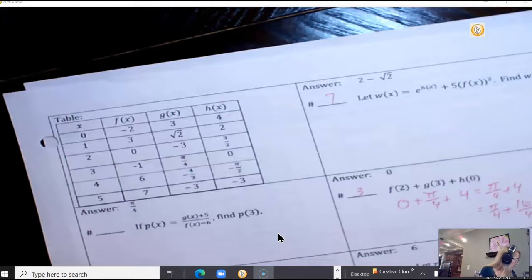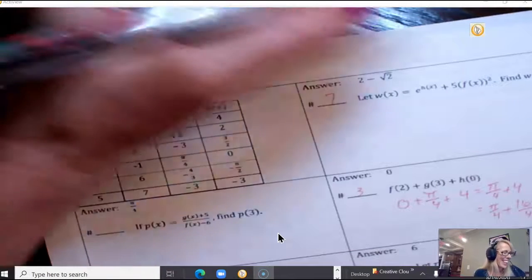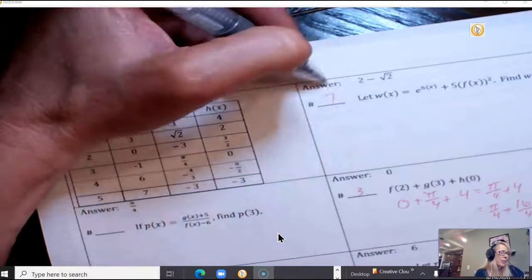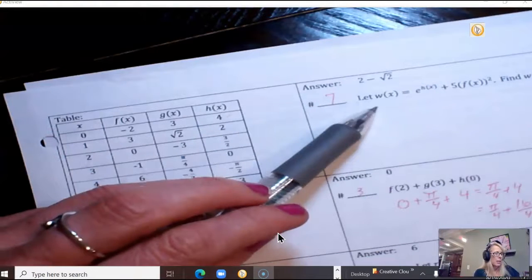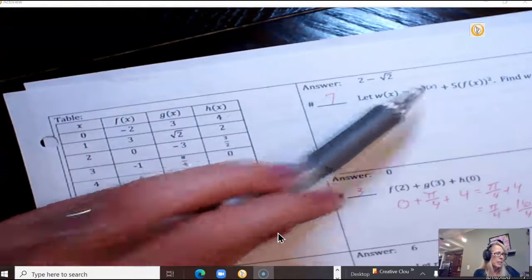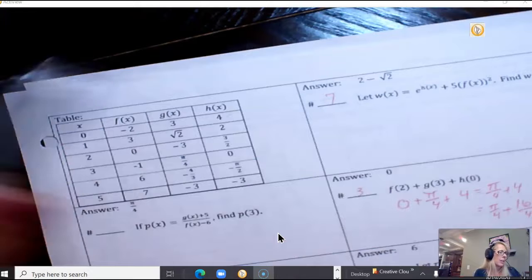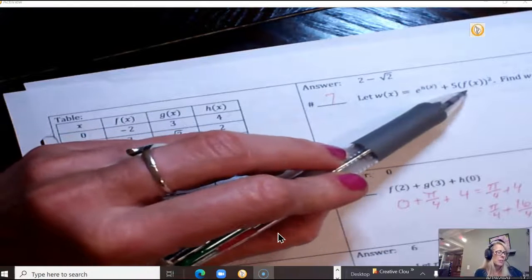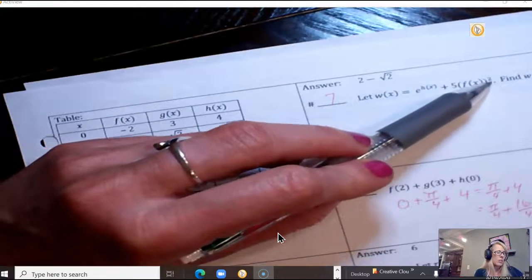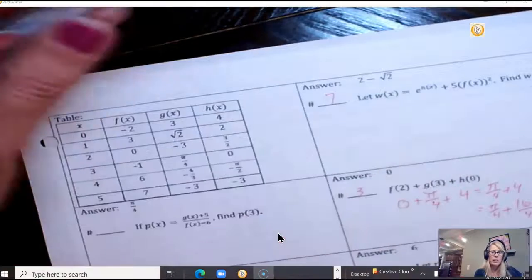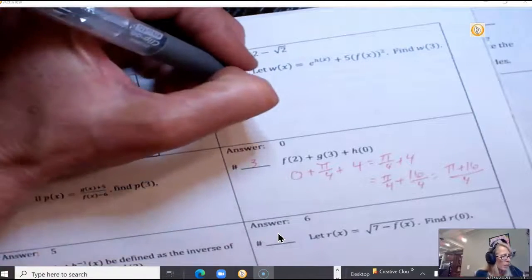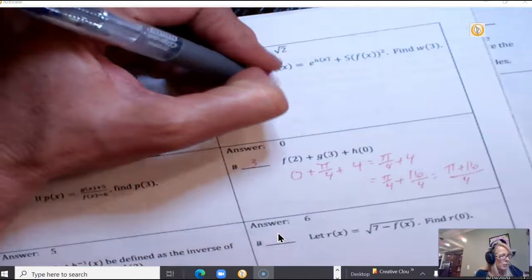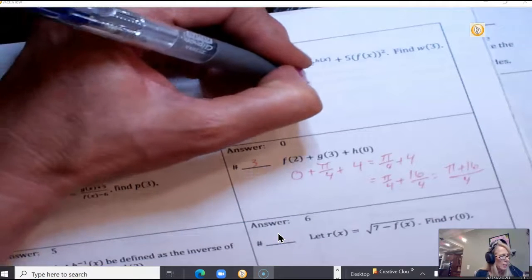Anyway. All right, let's see if we can do this particular problem. You've got w of x equals e to the h of x plus 5 times f of x squared, and they want you to find w of 3. So I'm going to go ahead and plug in the 3 where I see an x.